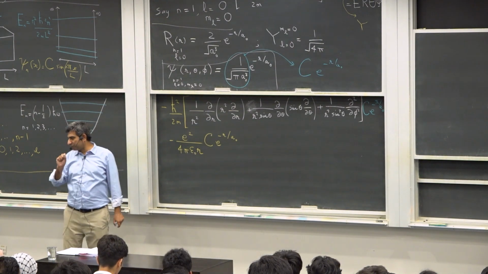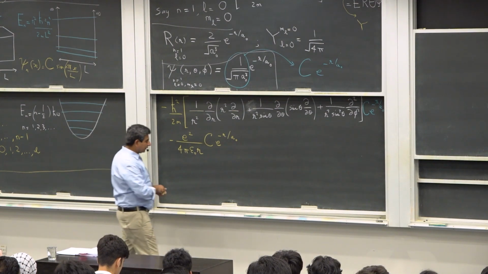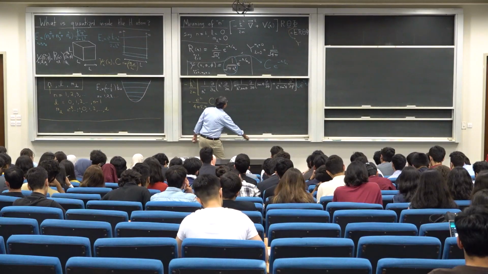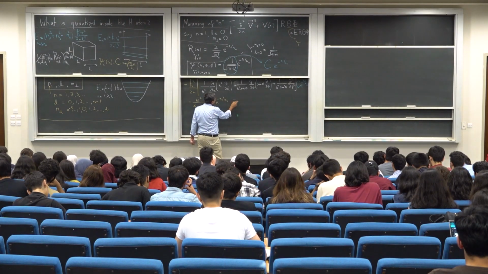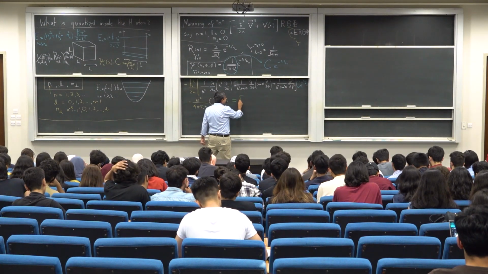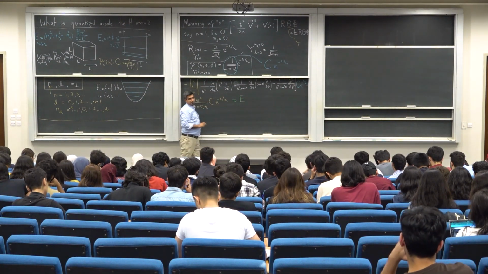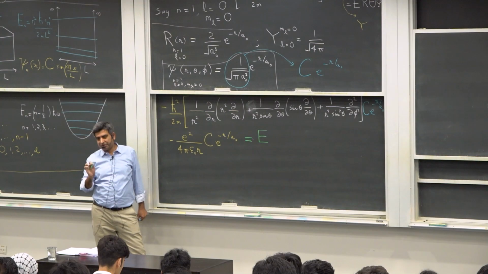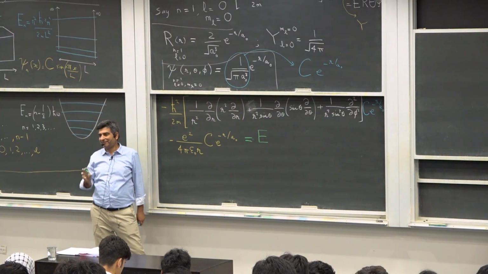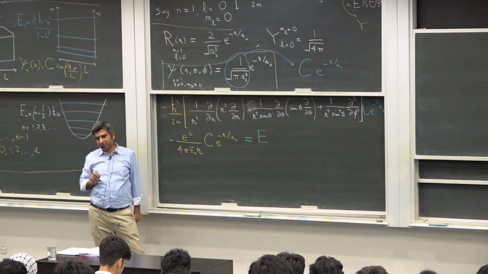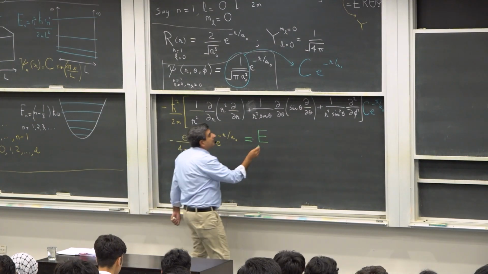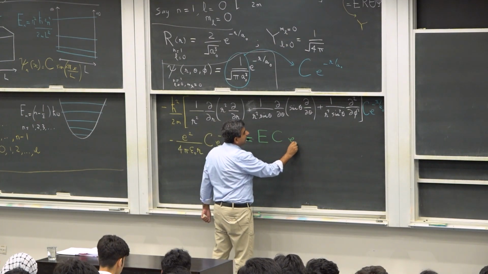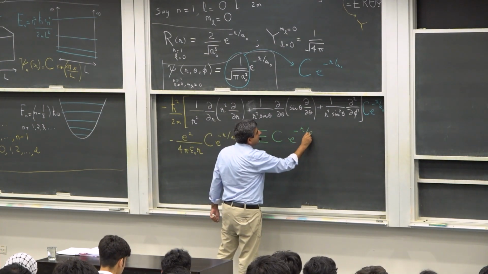So don't confuse these two e's. This equals the right hand side, which is the energy, a scalar in joules, multiplied with the function C e to the minus r over a naught.